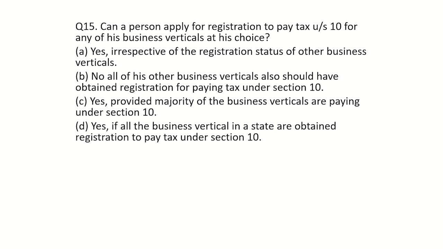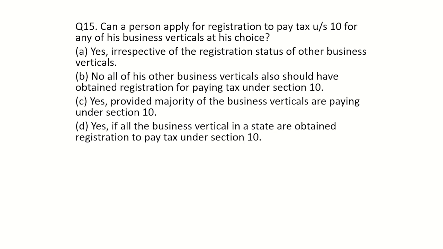And last option, yes, if all the business verticals in a state have obtained registration to pay tax under section 10. Now, if we have understood the provisions of section 10, it says that if a person has to get himself registered under section 10, that is as a composition dealer, then all his business verticals shall also have to be registered under section 10 as a composition dealer.